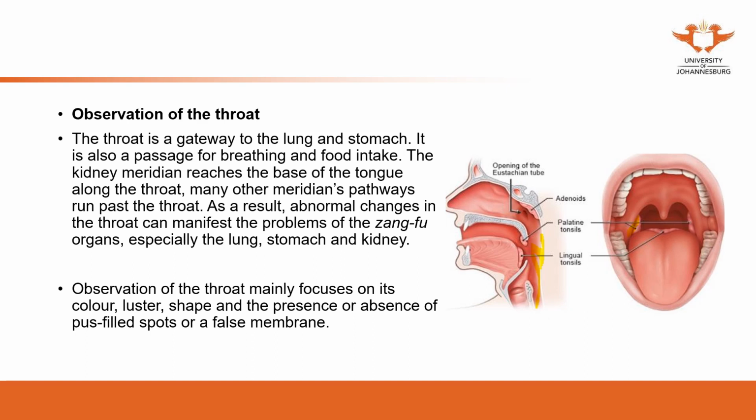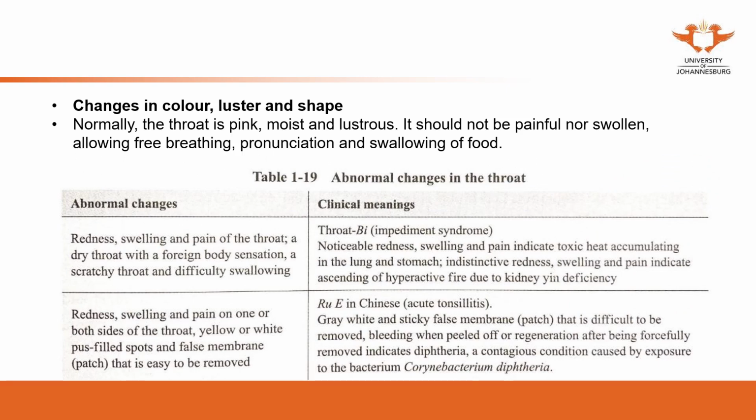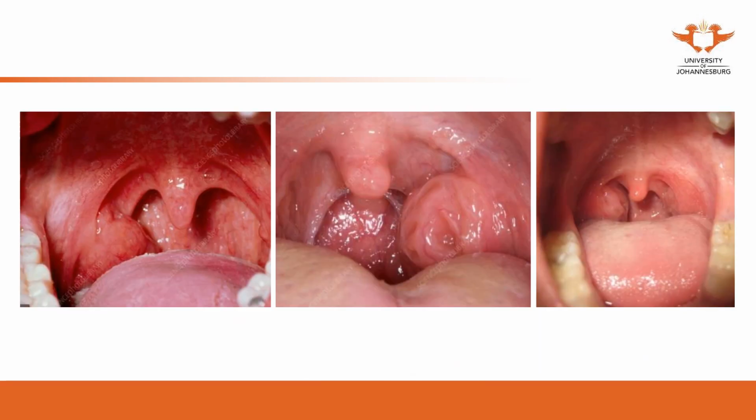If the throat is affected on the side, it can reflect the stomach and spleen. Changes of the colors are still the same, so you can just go through it by yourself. We're going to show you some images.